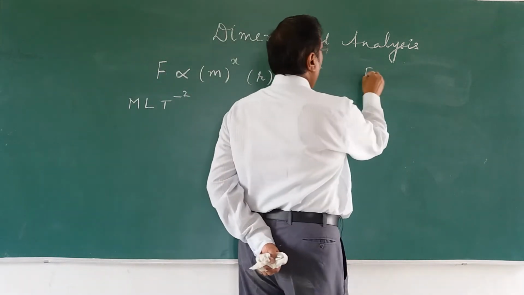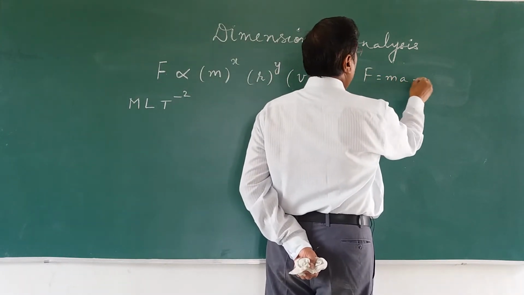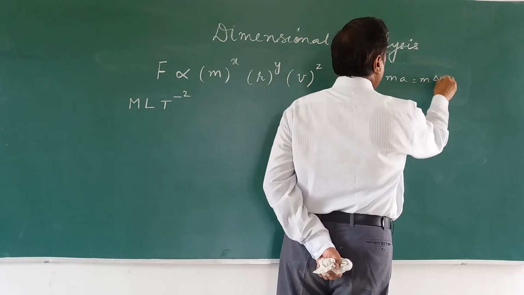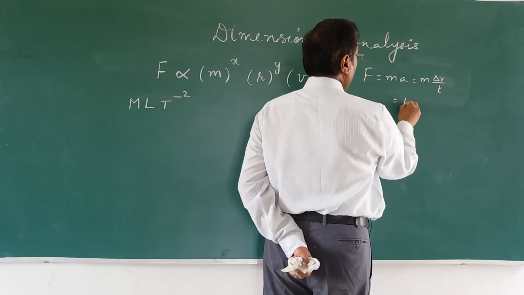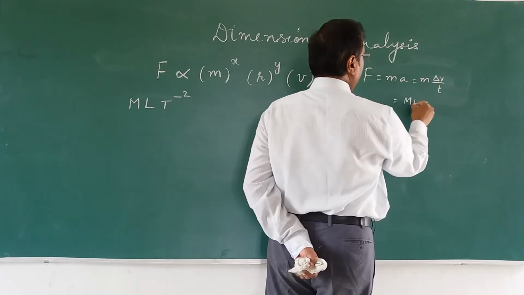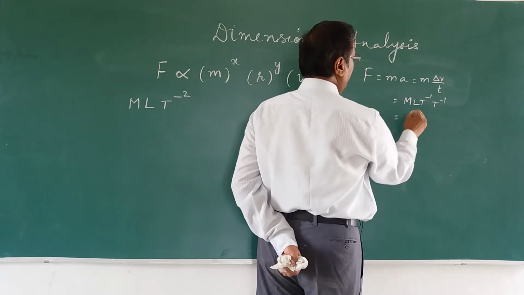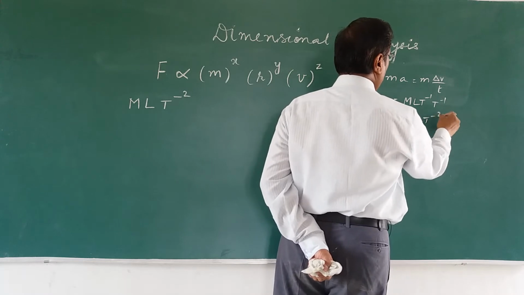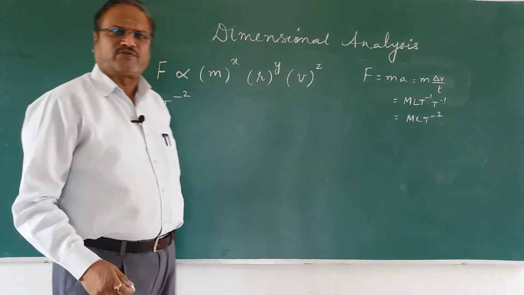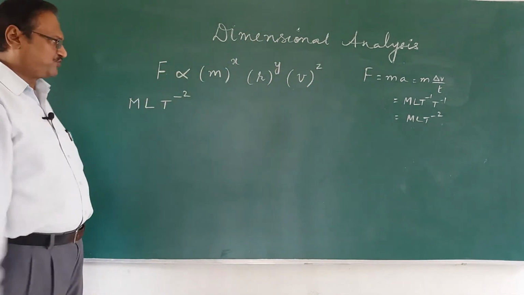Otherwise, you always go back: F is equal to ma, and a is change in velocity upon time. M is M, that is mass, velocity is L T power minus 1, and time comes down, so it is minus 1. Okay, M L T power minus 2. This is a way of learning, the learning process, right?